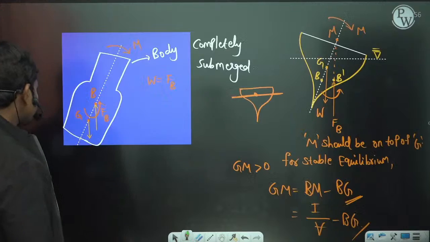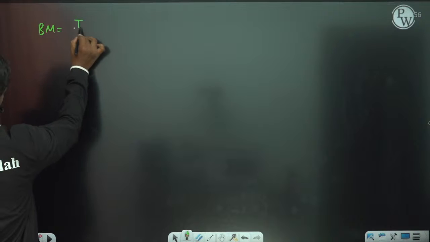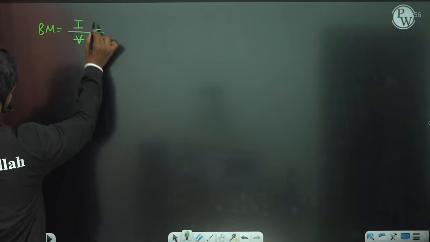So to calculate BM, it is the moment of inertia about the submerged phase divided by volume. So what is the moment of inertia?